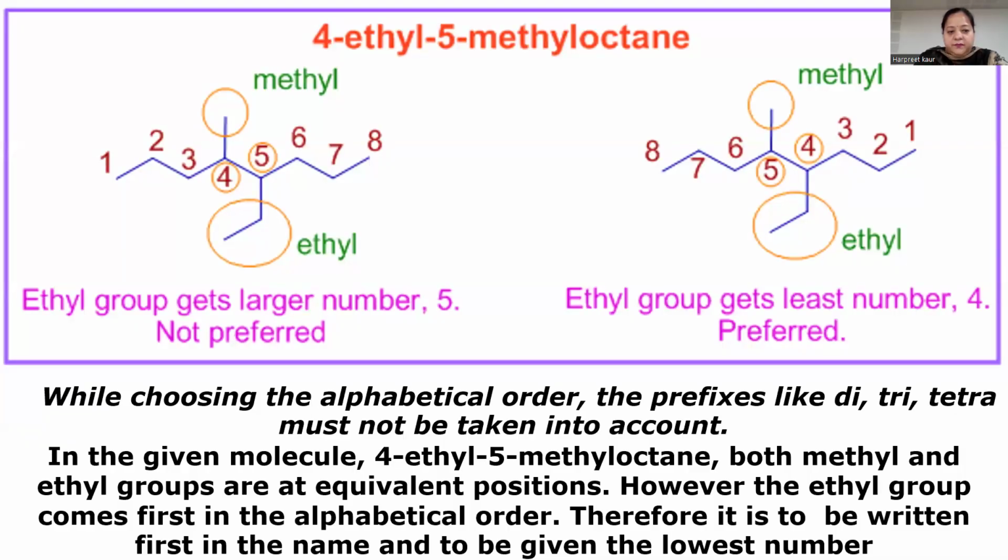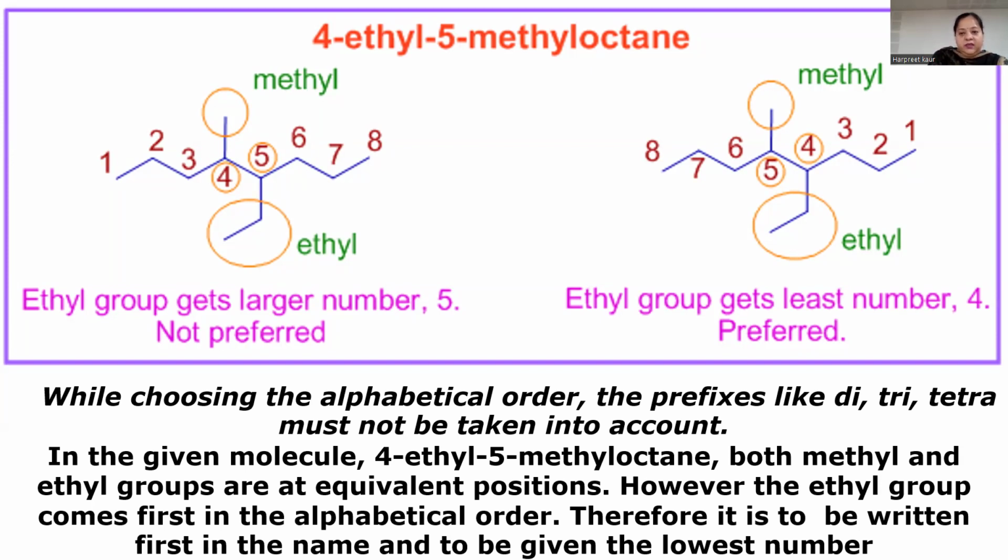Another point. Now, in this case, the positions are the same on the two sides. In the two structures shown here, the position of the substituents is the same from the two sides. In the first case, it is numbered from 1 to 8 from left to right. The first substituent comes at 4 and the second substituent comes at 5.